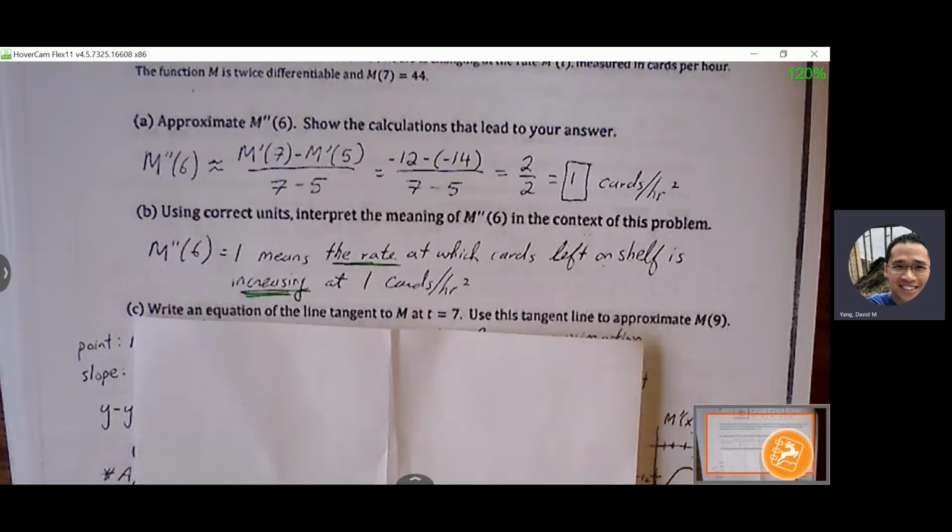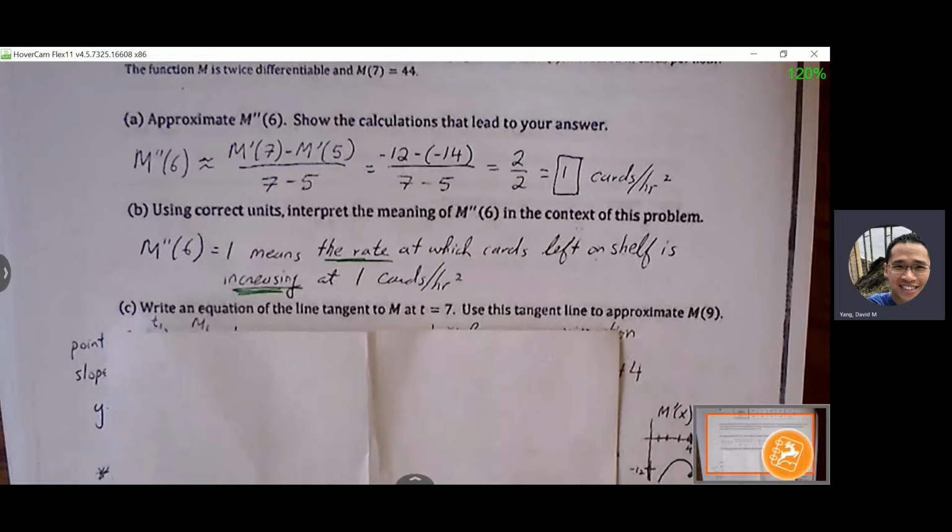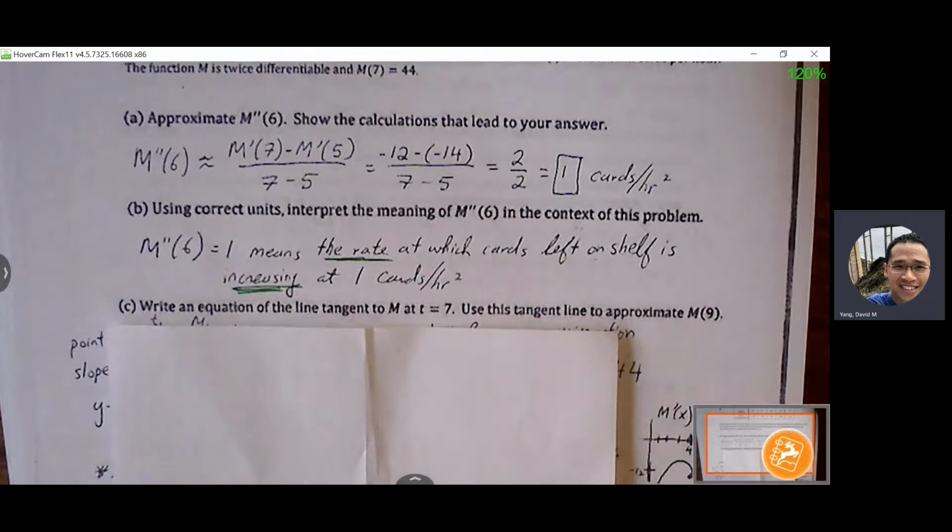Okay, so this is the type of wording that the AP exam, College Board, is looking for when you're interpreting word problems where time is involved. This is the way to say it. m double prime of 6 equals 1 means that the rate at which the cards left on the shelf is increasing at 1 card per hour squared.